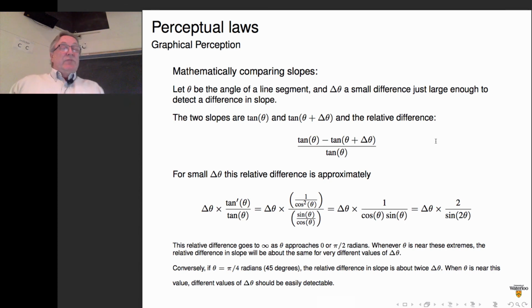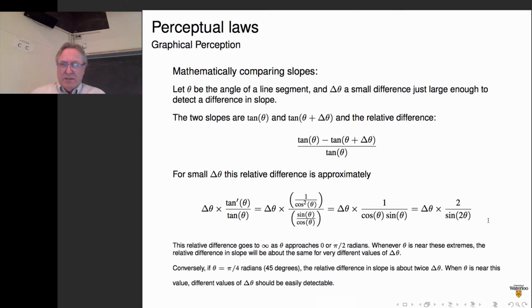And if you look at the relative difference in those slopes, so the difference divided by tan theta, for small delta theta, this looks kind of like a derivative. So this thing is sort of like delta theta times tan prime of theta over tan theta. Right, so that's approximately equal to that. Gives us some sort of insight. A little work, that's delta theta times 2 over sine of 2 theta, just using a double angle formula there.